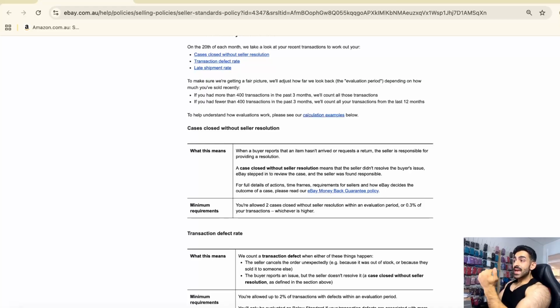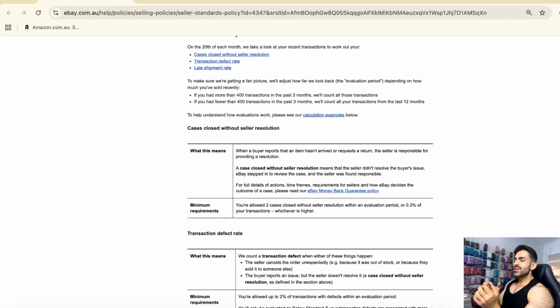And for cases closed without seller resolution it is 0.2%. So that's the border, because the transaction defect rate includes these 2 defects, and you evaluate it as a whole. Including those 2 defects, 0.3 plus 0.2 equals 0.5. So when you do the math, your transaction defect rate equals 0.5%.